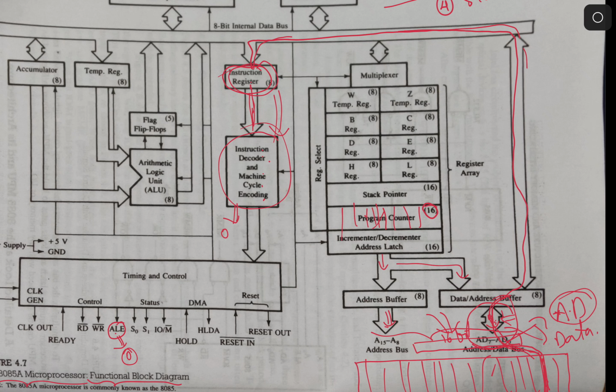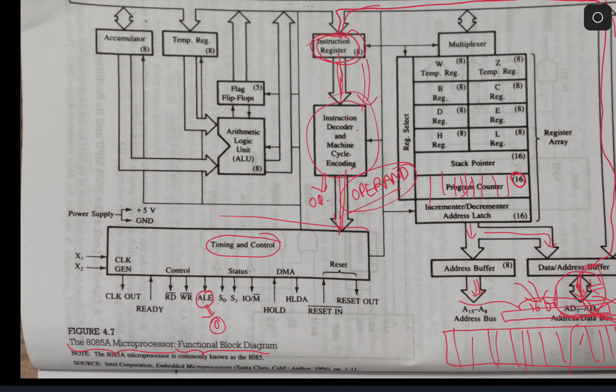Opcode means what is the operation to be performed, and also the operand, which register will be used, or which immediate data will be used, which memory location will be used. Accordingly, this information is provided to this timing and control circuit, and this timing and control circuit generates signals according to what is the opcode and what is the operand.